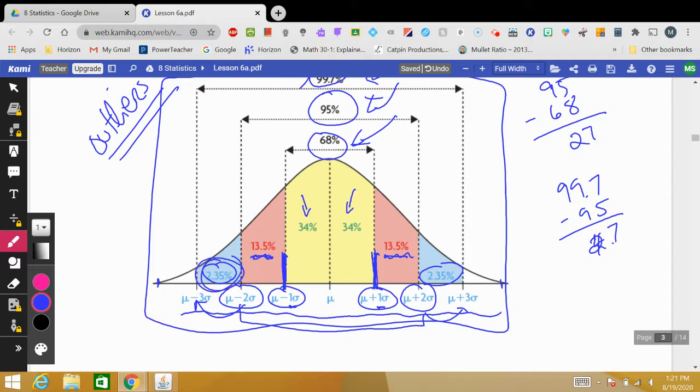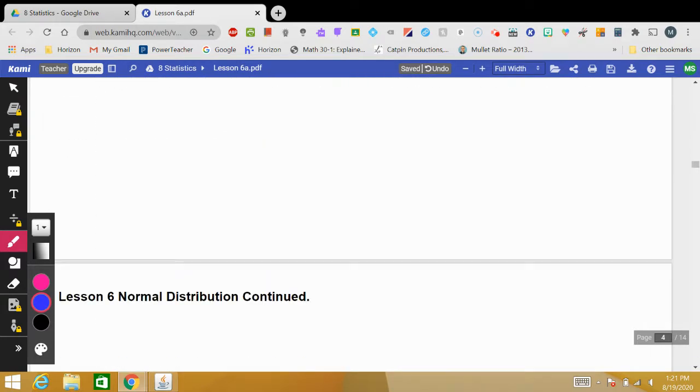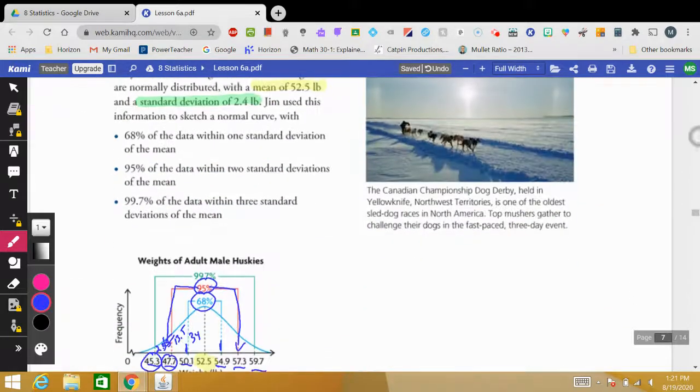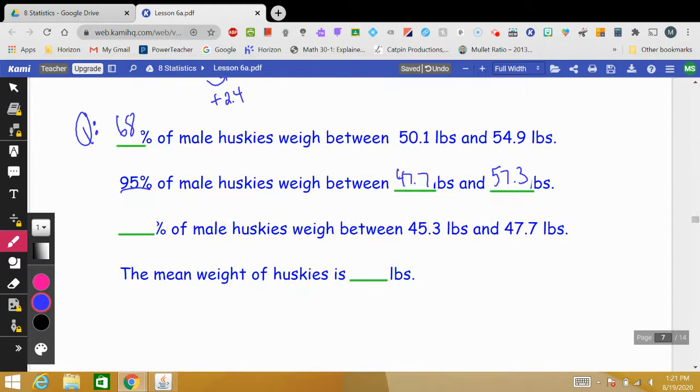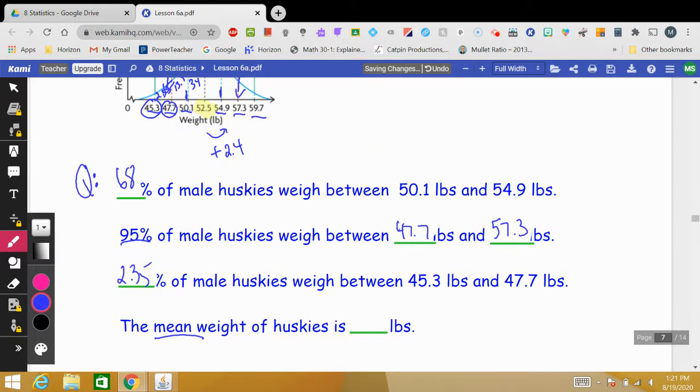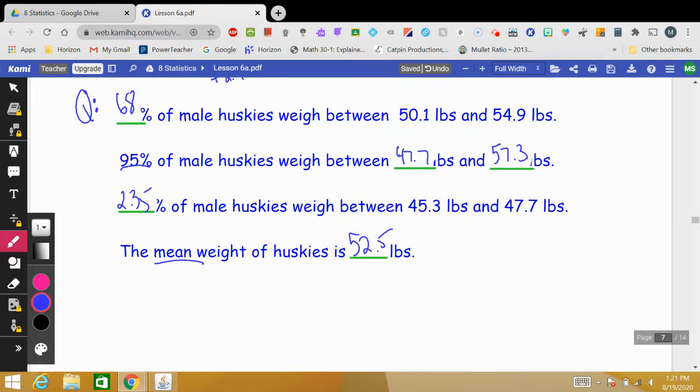So there's that 2.35. Okay? So all I have to do is just put that number there. Then it says the mean weight. So remember that is the number in the middle. So that's 52.5. Okay? So pretty simple stuff here.